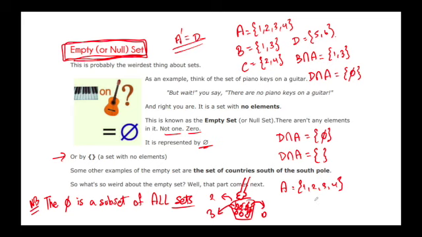So just remember, in terms of subsets, we have many different subsets, and we will talk about it just now. But the empty set is a subset of every single set. Every set has an empty set in it.